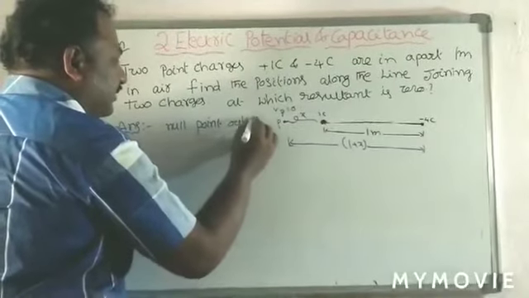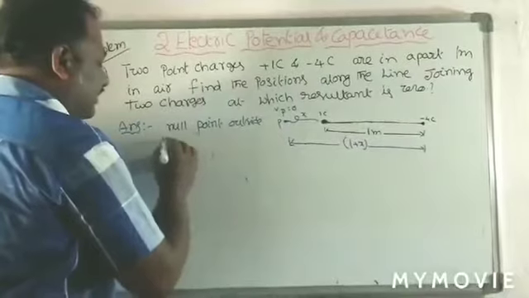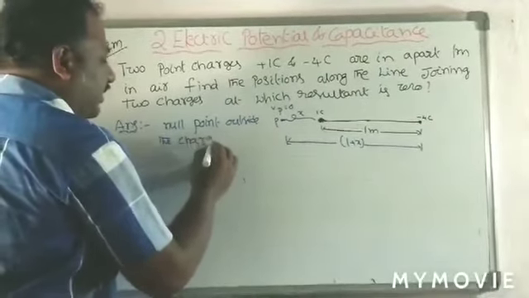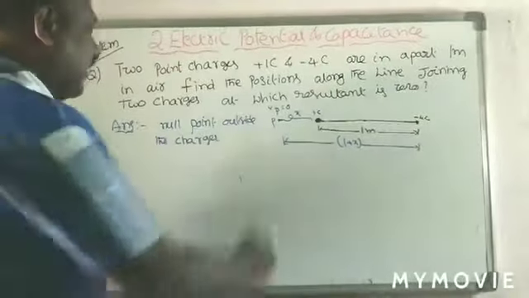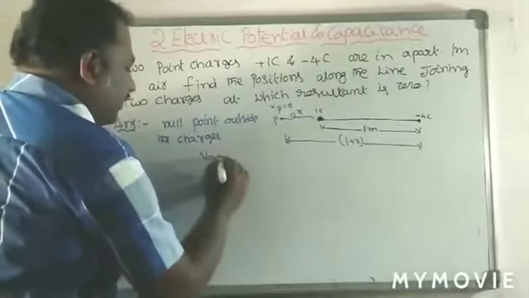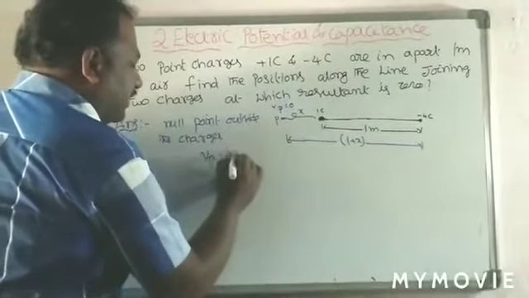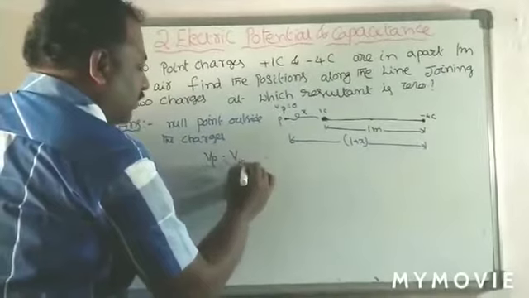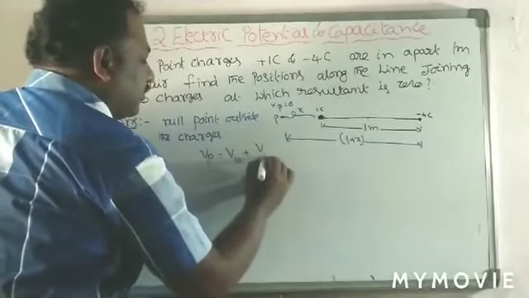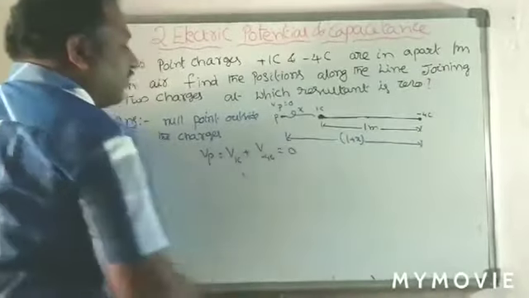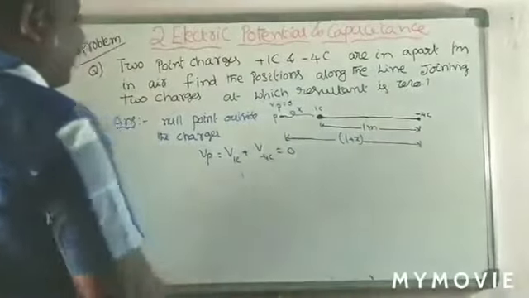Now in this case, the null point is outside the charges. In the previous, the null point is inside the charges. Here also we have the condition. The total potential at point P, due to 1 coulomb plus due to minus 4 coulomb, is equal to 0. Again substitute the formula.